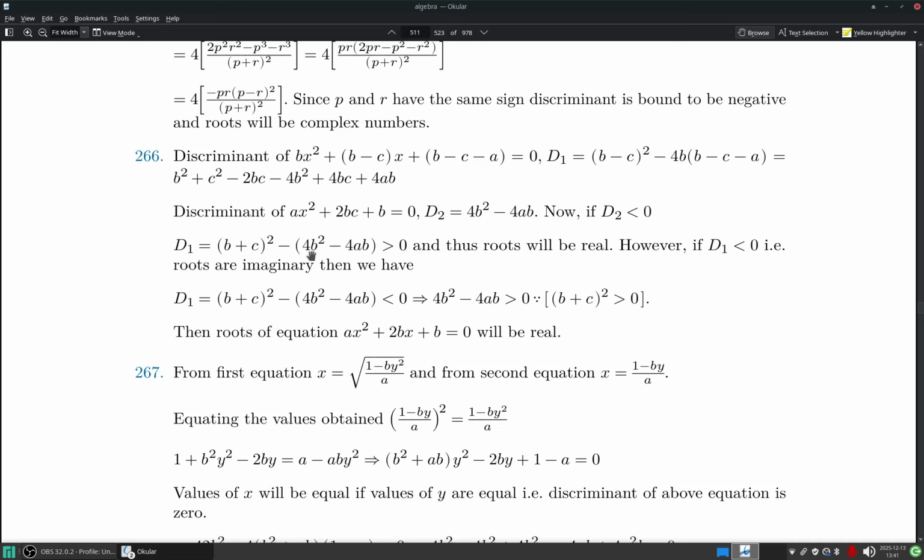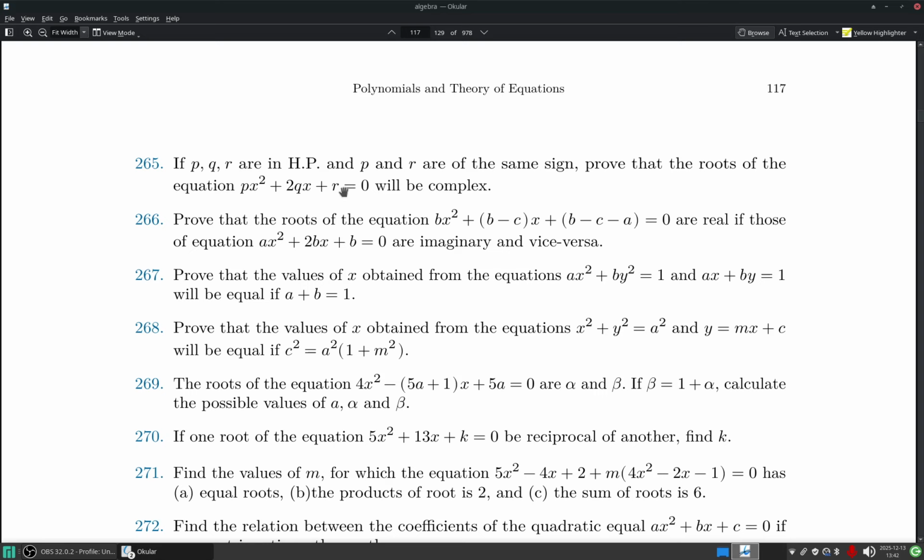Now this is our d2, which is less than 0, and now we have a negative sign, so this would be positive. Therefore roots would be real. However, if d1 is less than 0, that is roots are imaginary, then we have (b plus c) whole square minus (4b square minus 4ab) less than 0. That implies that 4b square minus 4ab is greater than 0. Therefore, the roots of the second equation will be real.